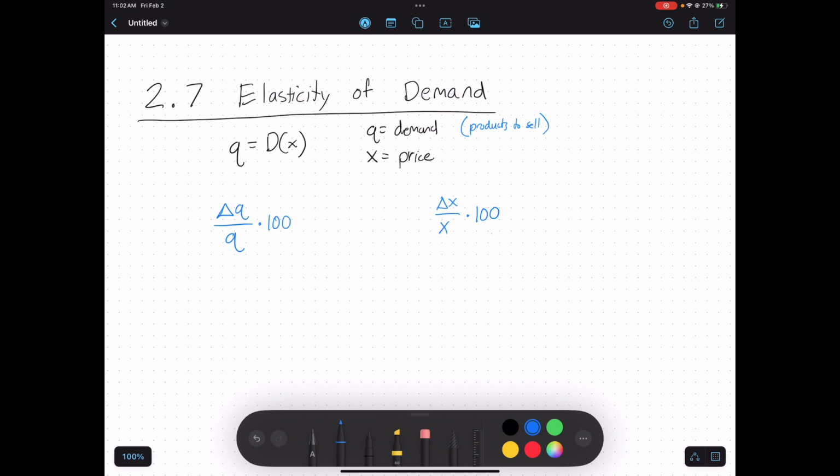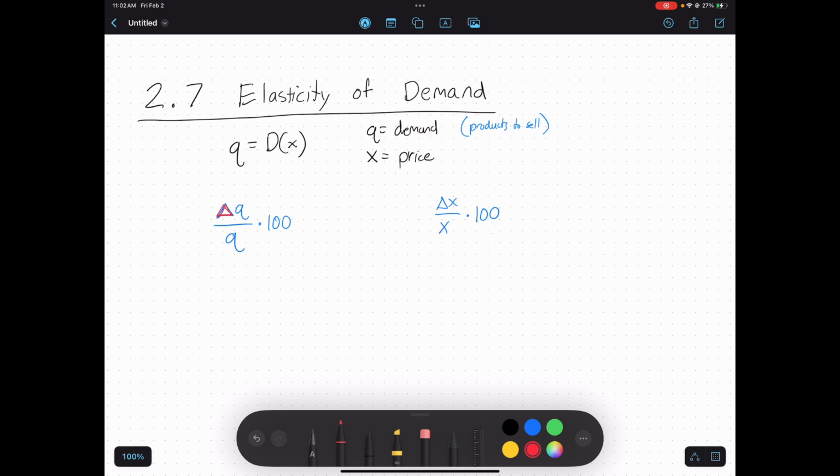I'm just changing the variables for each of them. So what do each of these ratios actually mean? Well, we've seen this notation before. We know what the triangle means. Triangle means change. So I'm going to focus on this one because price is a little bit more concrete of a concept. So delta X is how I'm changing my price.